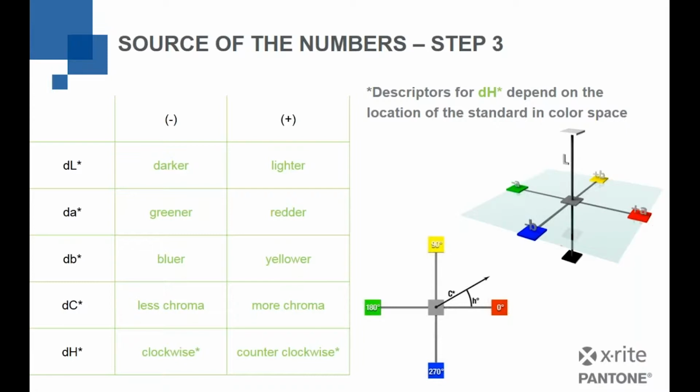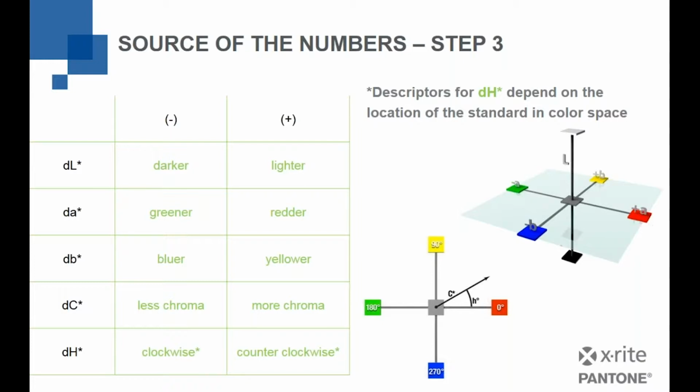The reason for that, you'll notice with the asterisk and the note above, is that the descriptors for delta H depend on the location of the standard in color space. So if I'm looking at a red, which is potentially 0 degrees, and I'm describing a red's delta H, the descriptors might be yellower or bluer.